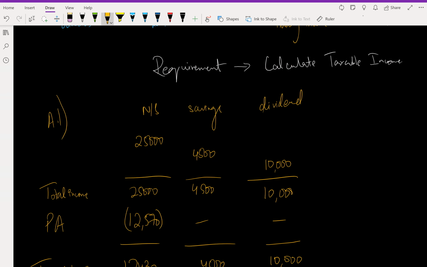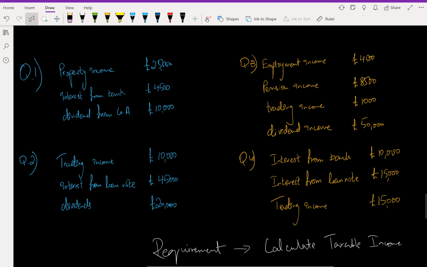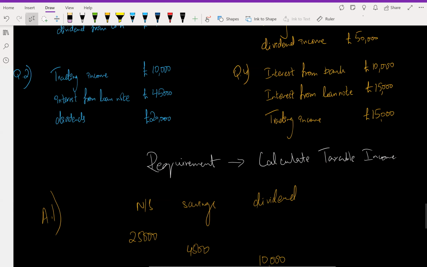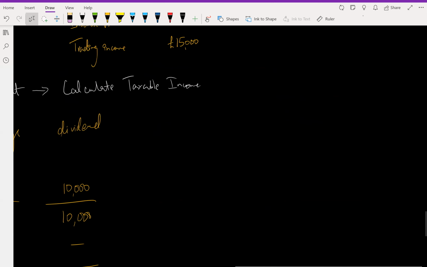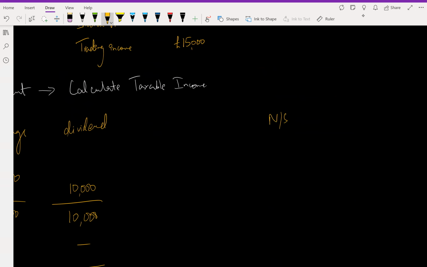So answer 1. Now for the second one, if you look at it, the non-savings is slightly less than the personal allowance.